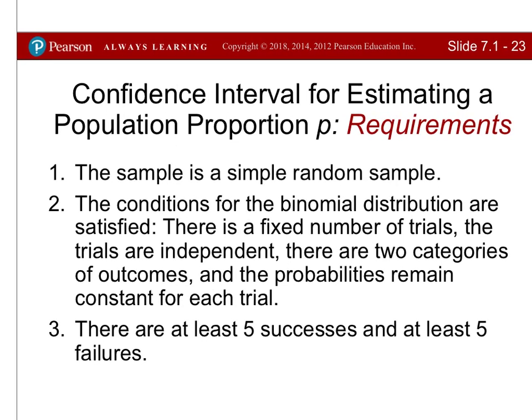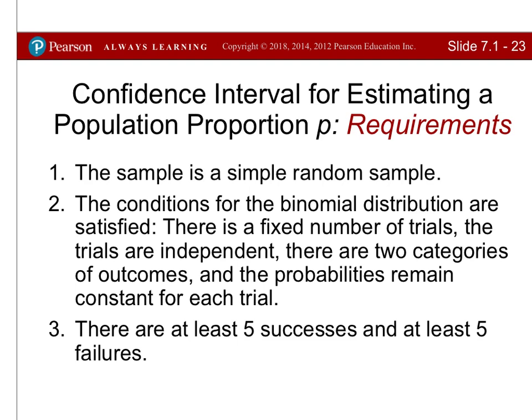Now, there are some requirements before we can do this. The sample has to be random, a simple random sample. The conditions need to be for the binomial distribution. In other words, there are only two categories. Either they have the internet or they don't have the internet.